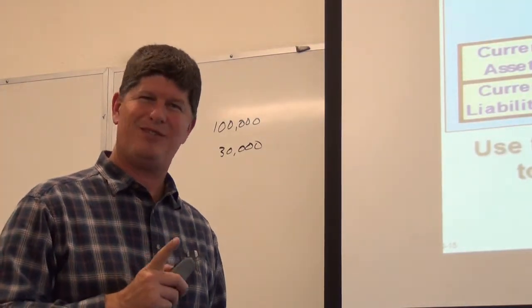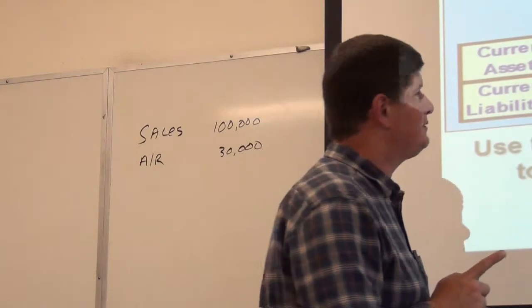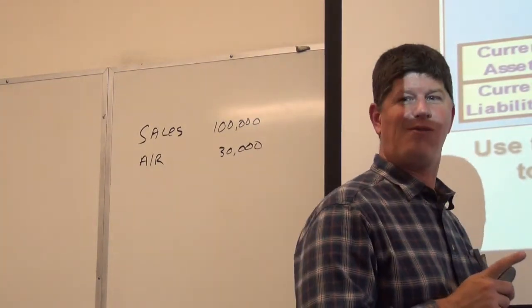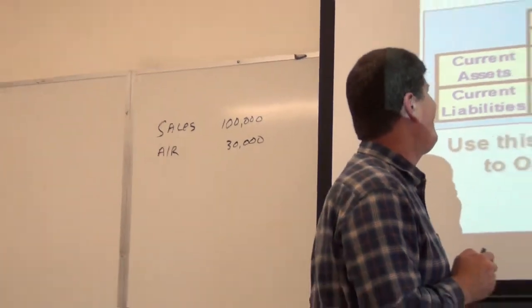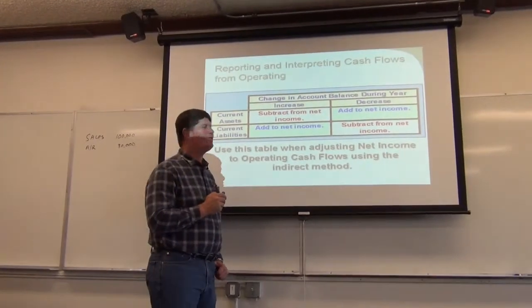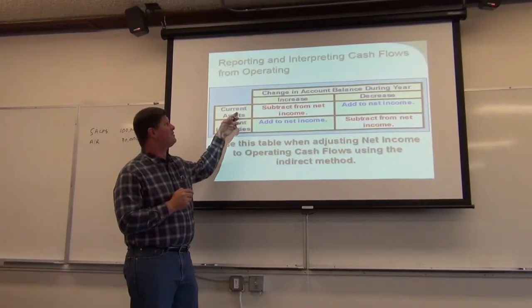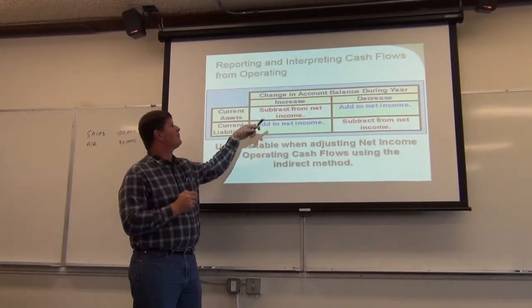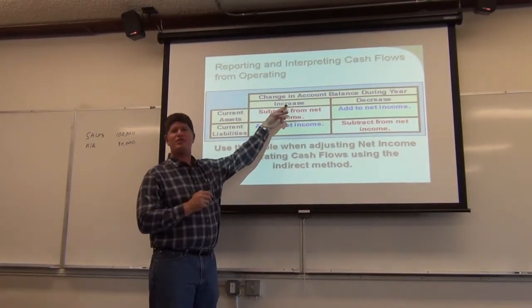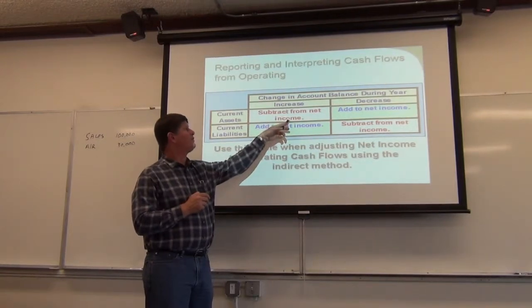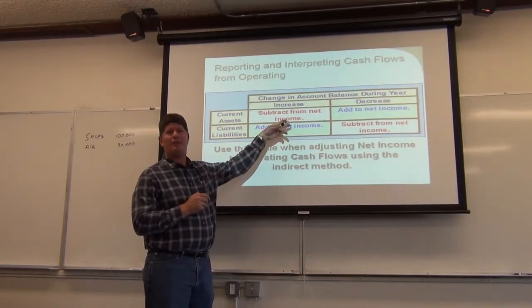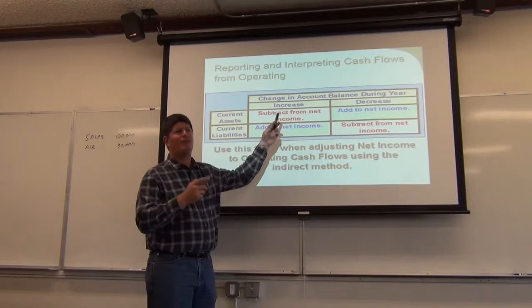This is in the book. This is the formula method. Okay, so in the book they're looking at current assets. If your current assets increase from last year, it lowers your net income. Right.